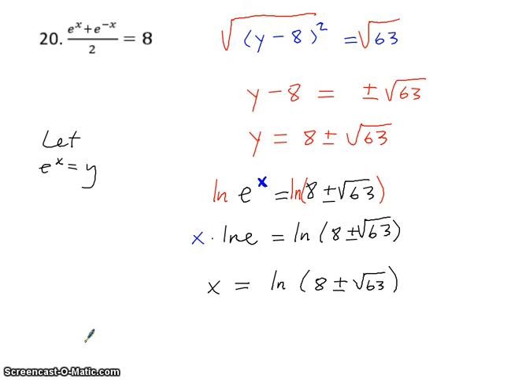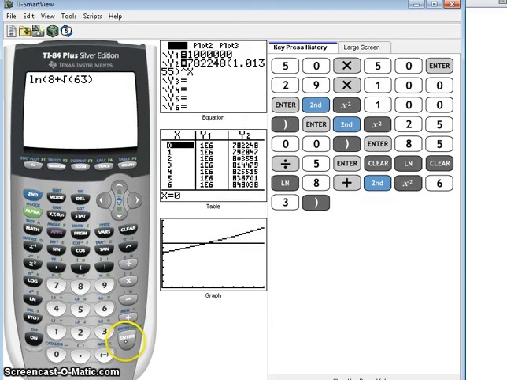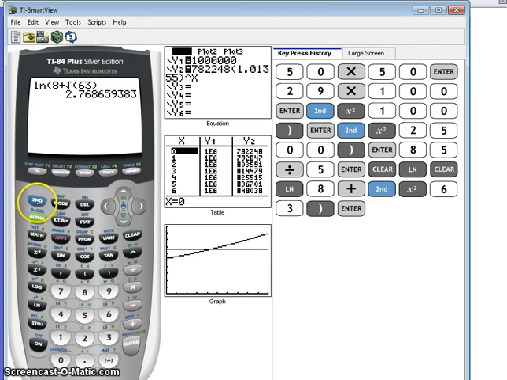What I'd like to do here right now is show you guys how to check on the calculator. Let's make sure that we're right. Alright, so I've typed in the ln of 8 plus the square root of 63, and I get that decimal answer. And so I'm going to plug in that decimal answer into my equation to make sure I'm right. So we have e to the x, so that x is our answer. I'm going to hit second negative, which gives me my answer.